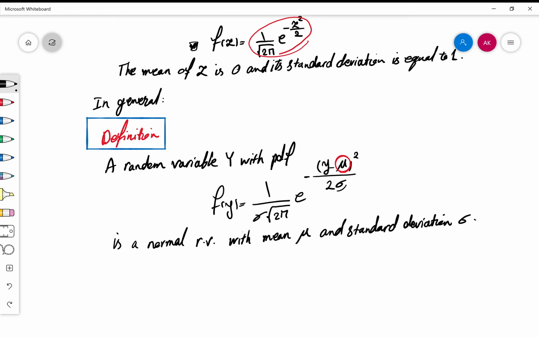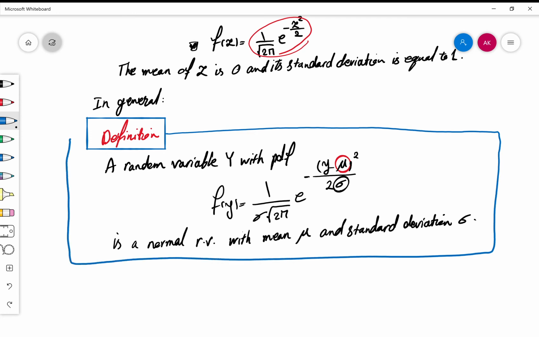So the sigma that you see here, that's the standard deviation. What this definition says is that for any number mu you give me, and any positive standard deviation sigma you give me, we can define a new random variable called a normal random variable with that mean and that sigma, which has this PDF.